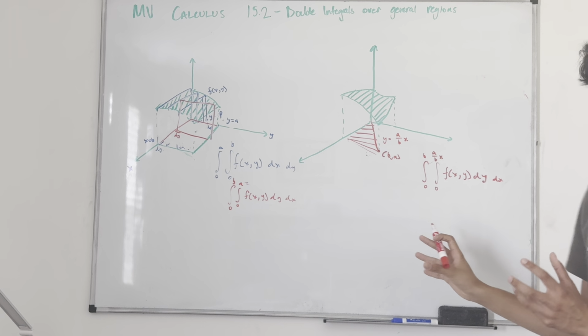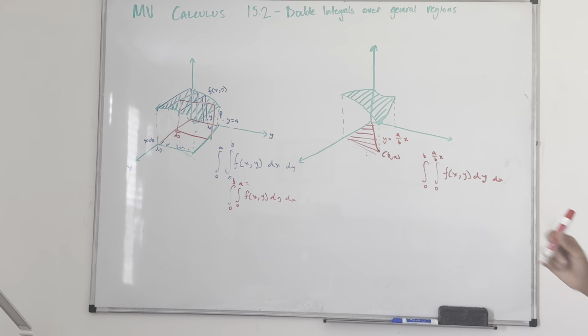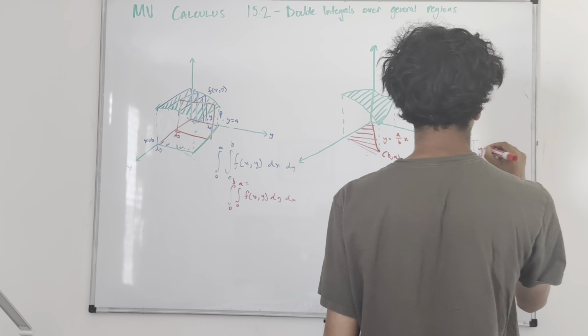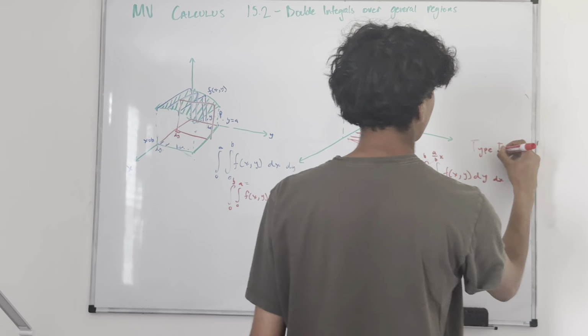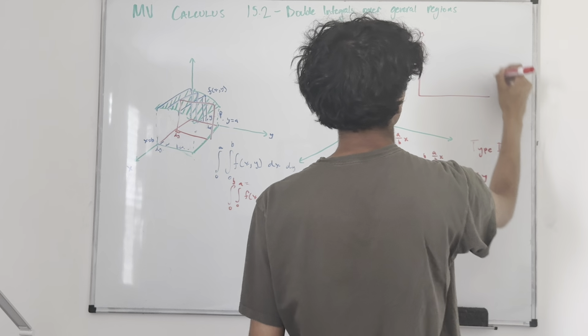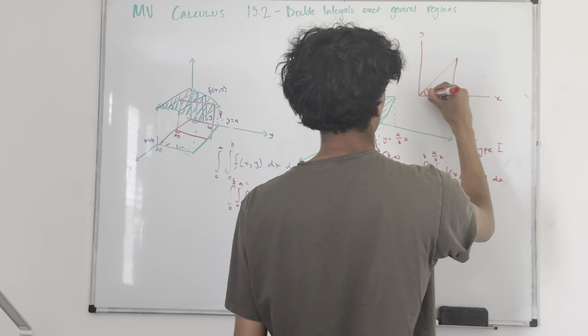We're going to talk about how to solve this. Now, in this scenario, I believe this is what we would call type 1. So what does type 1 mean? Well, a type 1 double integral just means that if I get my region, it looks kind of like this. This is my region of integration.